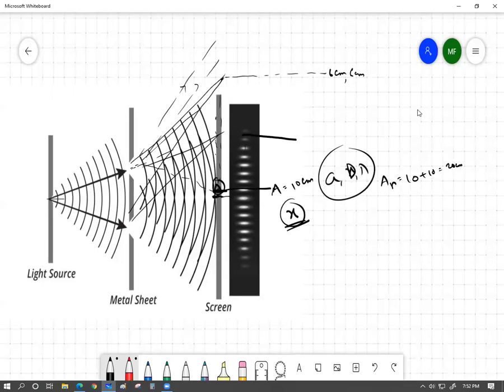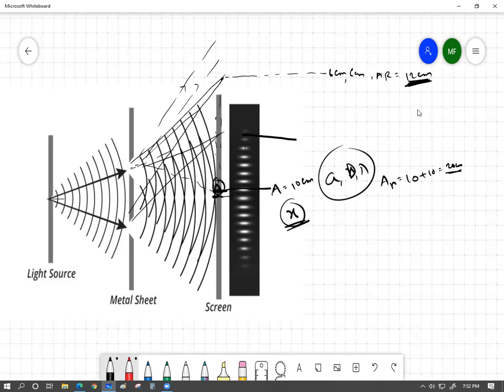So the total amplitude is going to be 12 centimeter only. So you're still going to have a bright dot at the maxima position, where the same phase of the light waves merge with each other, but that total resultant amplitude is significantly smaller compared to the central maxima. That's why you are losing the brightness of those spots.